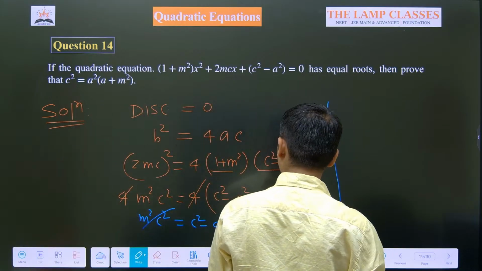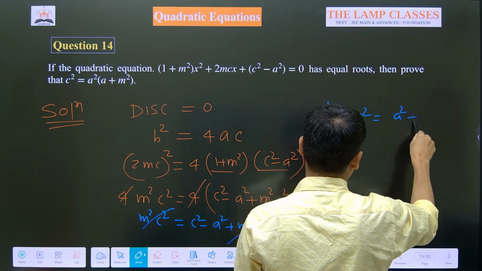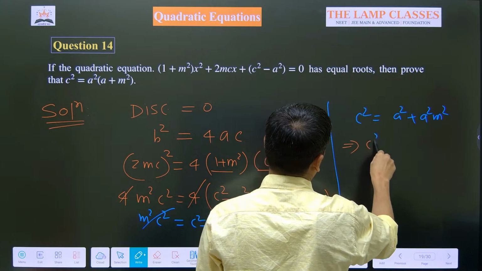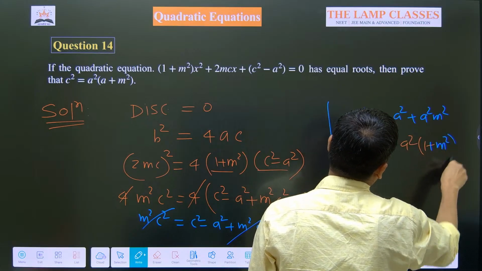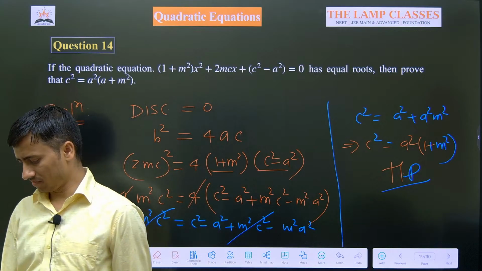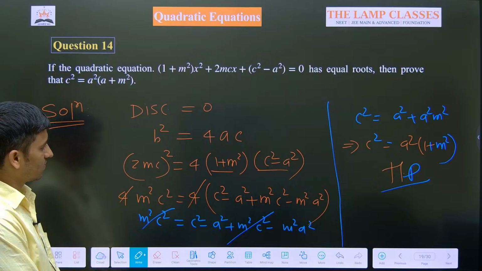Now in the remaining we can transpose. Hence proved. It's a simple calculation, no algebra question. Only simplification of algebraic expression is important.